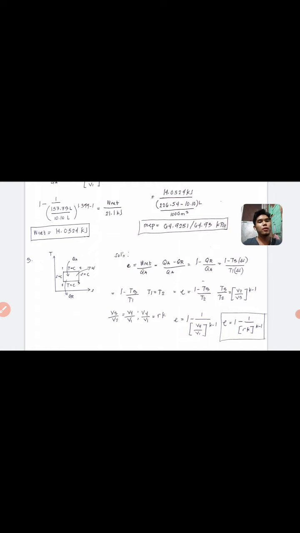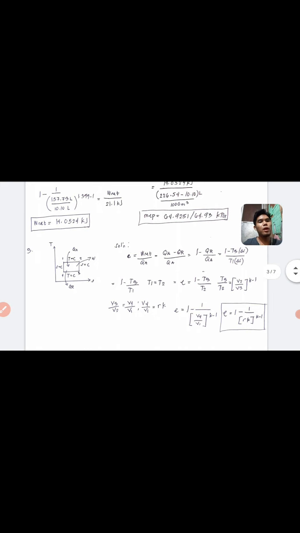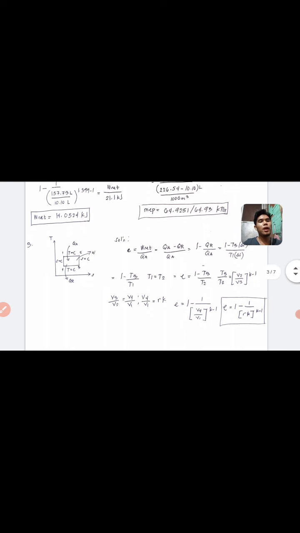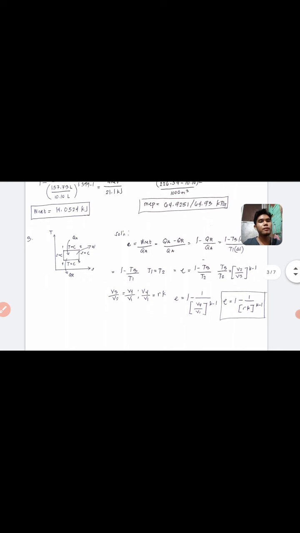So efficiency is equal to 1 minus T3 over T2. The relation of the temperature and the volume is T3 over T2 is equal to V2 over V3 raised to K minus 1. So V3 over V2 is equal to V4 over V1, and V4 over V1 can also be called Rk.